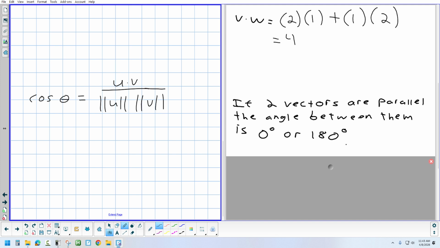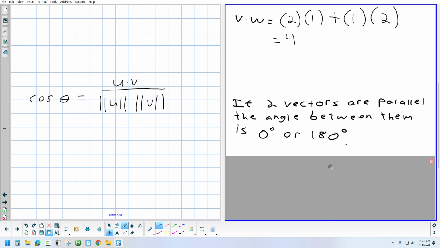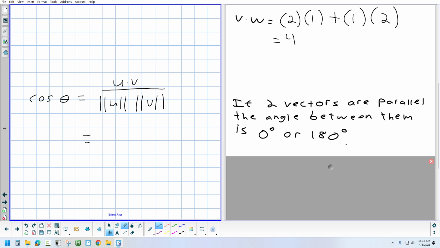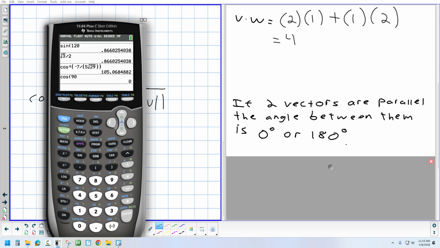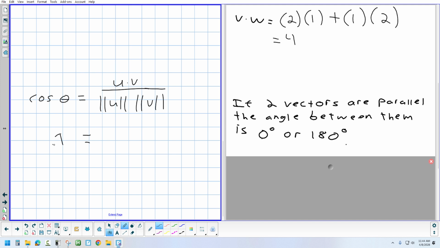Okay, so let's try filling in a 0 for the angle and see what the left-hand side turns into. We fill in 0. We get 1 on the left side. So you would have a fraction equal to 1. How can a fraction come out to 1?